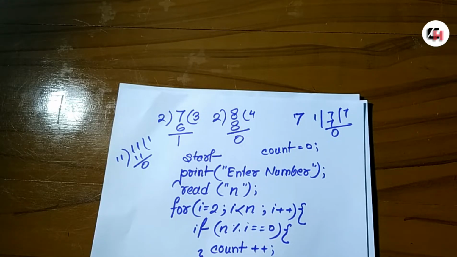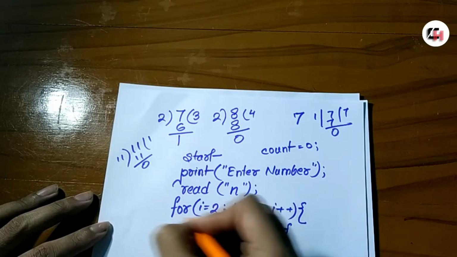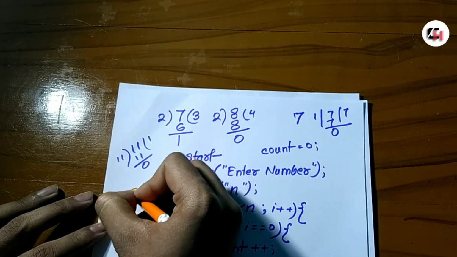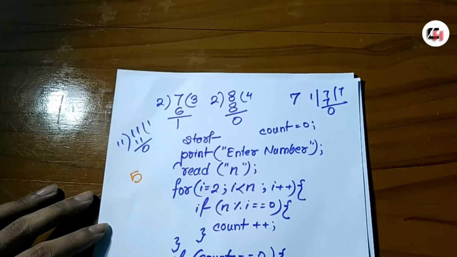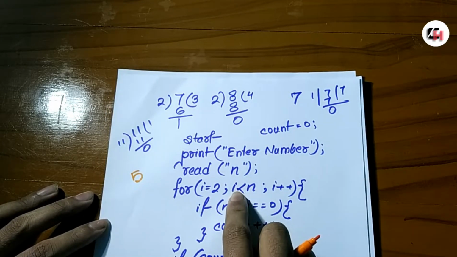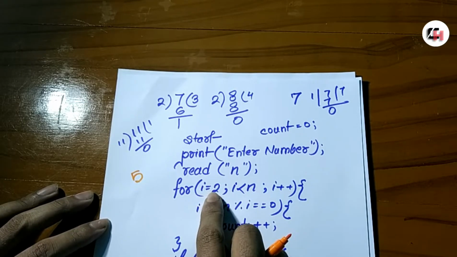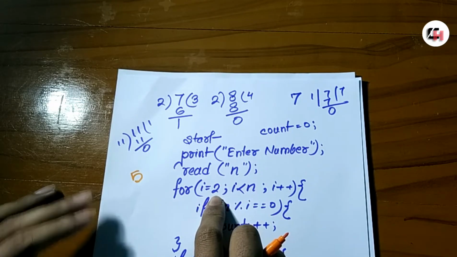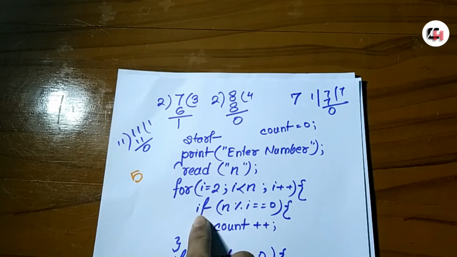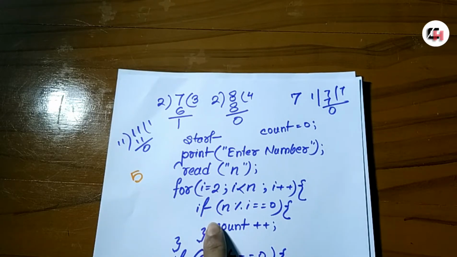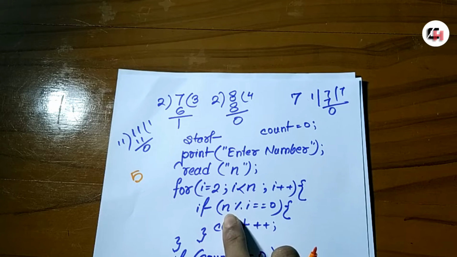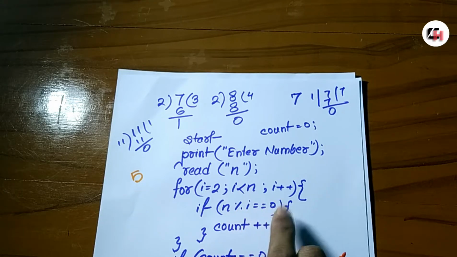Okay, so let's try to run that program. Like we take a value 5. First of all it will check the condition i less than n, where the initial value of i equal to 2, so 2 less than 5, so the condition is true. Then it will go into the loop, and here the condition is n modulo i equal to 0.